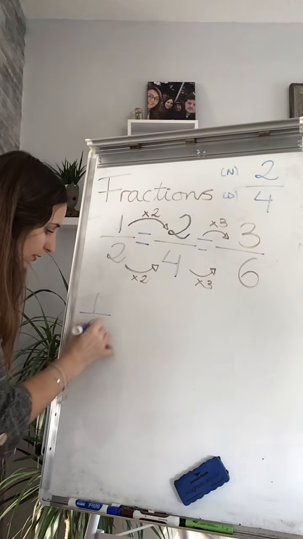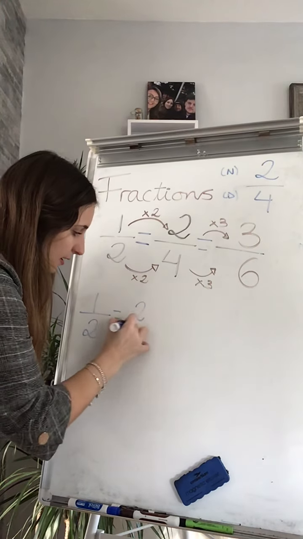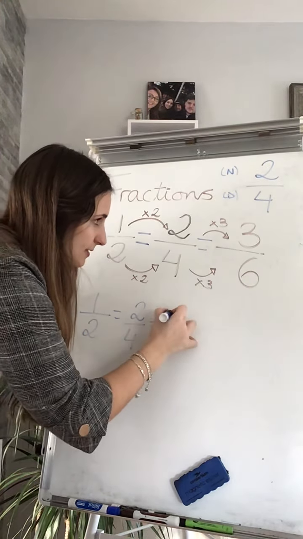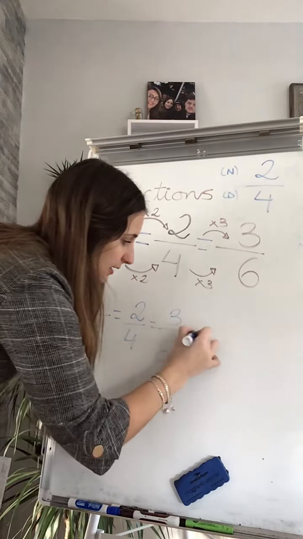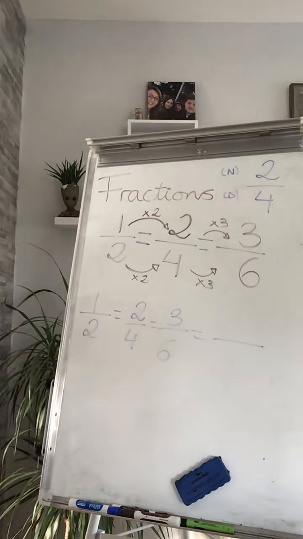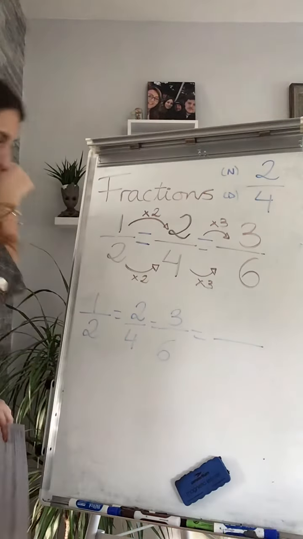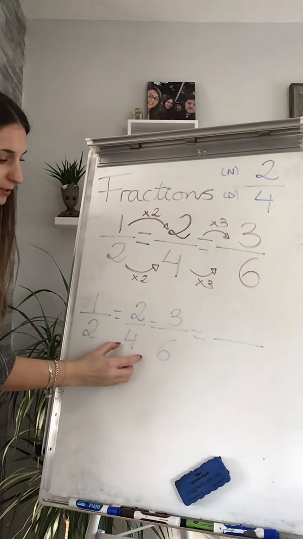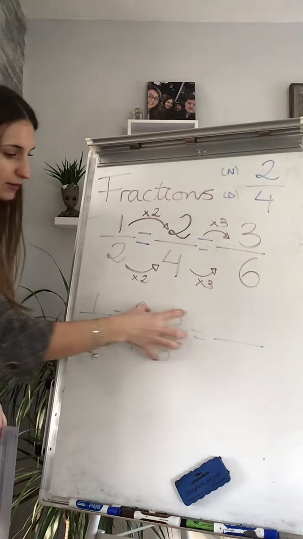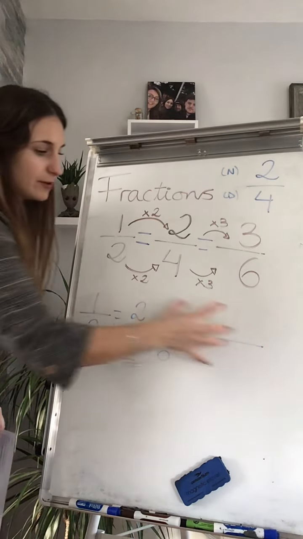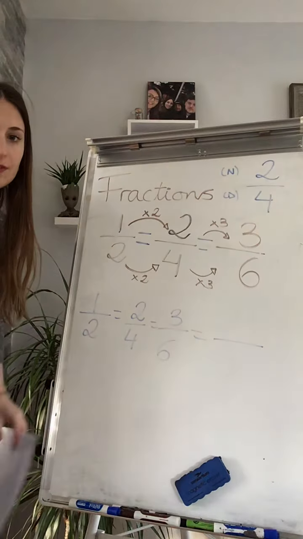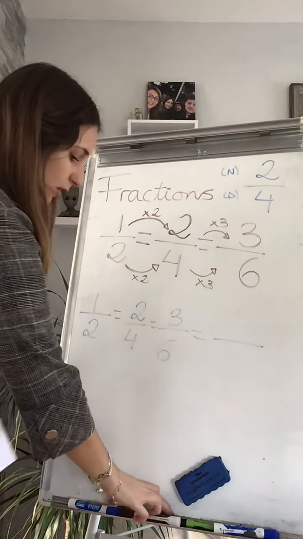I have 1/2 is the same as 2 quarters, is the same as 3/6, is the same as what? Okay, pause it when you are working it out. We timed it by 2, I timed my fraction by 3, and you time your fraction by 4. Have a go at it and then play it again when you are ready.